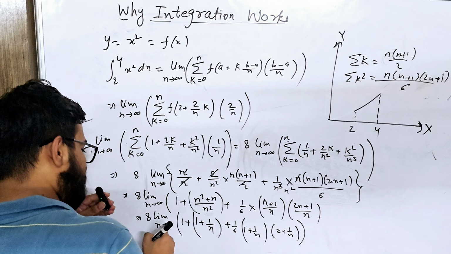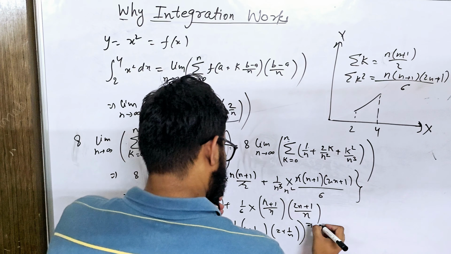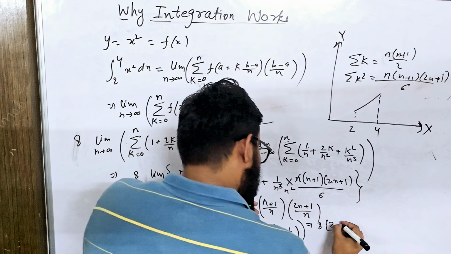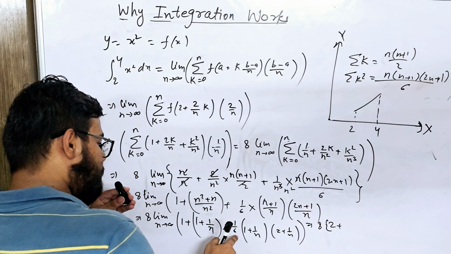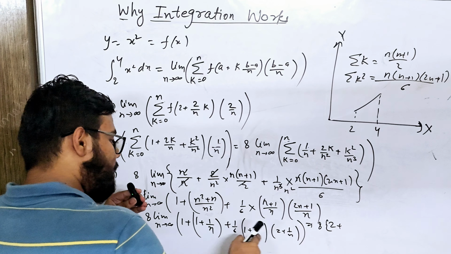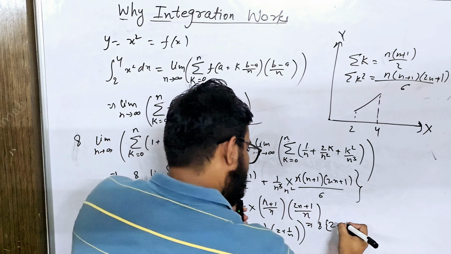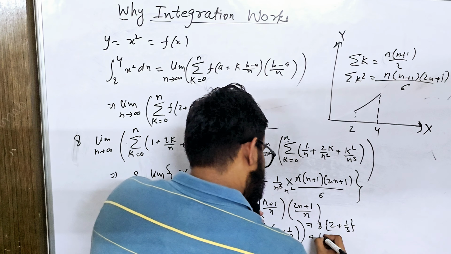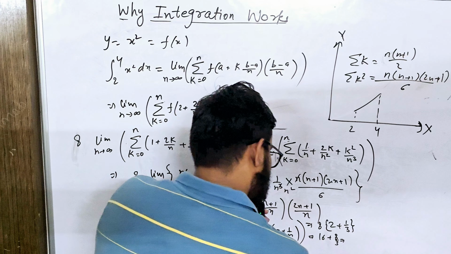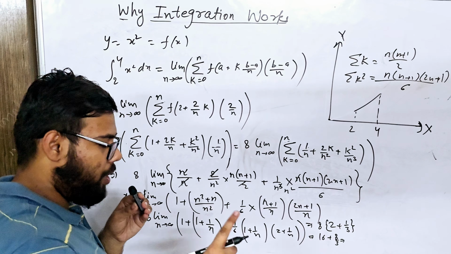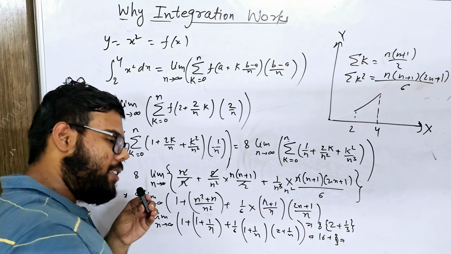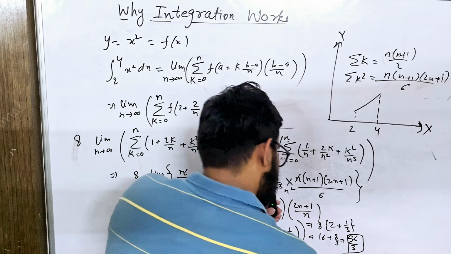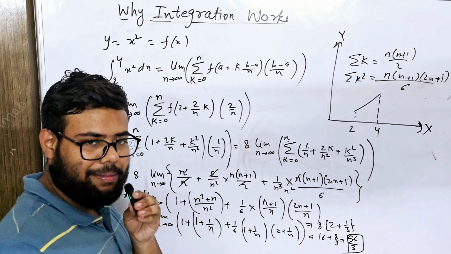When you set the limit like this, you will get 8 times (1 plus 1, so 2, plus 1/6 into 2, which is 1/3). So you get the expression 16 plus 8/3, which is equal to 48 plus 8, which is 56/3. This is the area of this region.